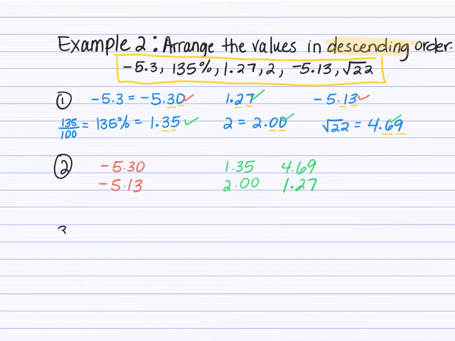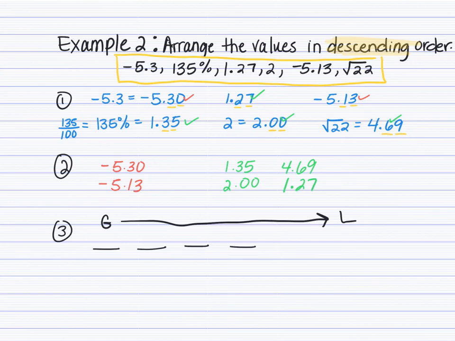All right, step 3. I'm going to go back to the problem, making sure I know that I'm putting these numbers in order from greatest to least. And there are 6 numbers. 1, 2, 3. Yep. So 1, 2, 3, 4, 5, 6. And since I'm going from greatest to least, I'm going to start with my positive numbers and then go to my negative numbers.